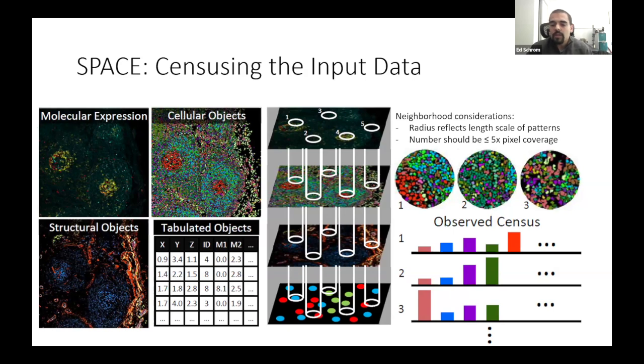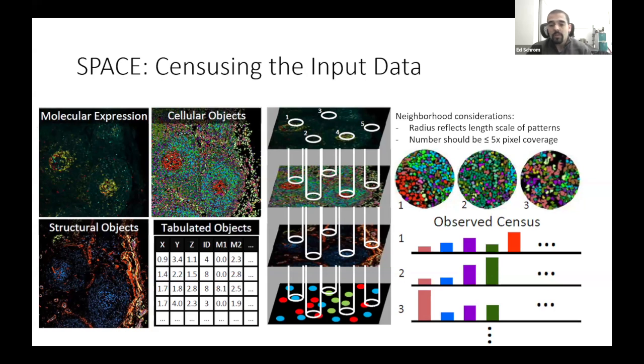On the other hand, if you're interested in really broad zonation, you might want to use neighborhoods that are 50 microns in diameter. But the exact size doesn't really seem to matter that much. So if you vary your neighborhood size from 40 to 60 or 70 microns, the results that you end up getting are virtually the same. So you don't need to be particularly precise about that.